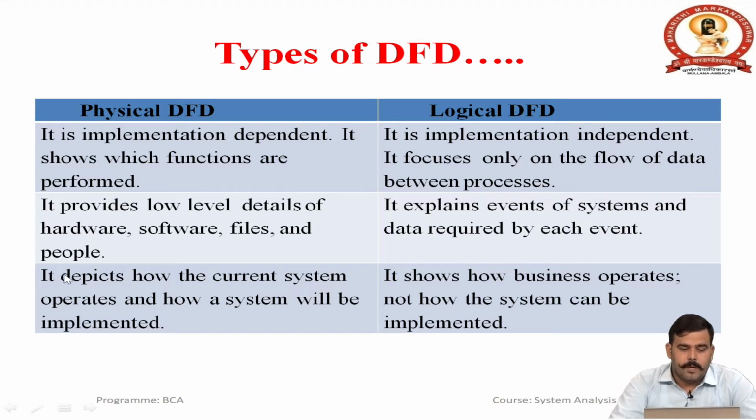Physical DFD depicts how the current system operates and how a system will be implemented, whereas the logical DFD shows how business operates, not how the system can be implemented. So, physical DFD gives the overview of the physical system, and logical DFD gives the functionality and the process of the system which is going to be implemented for the organization.